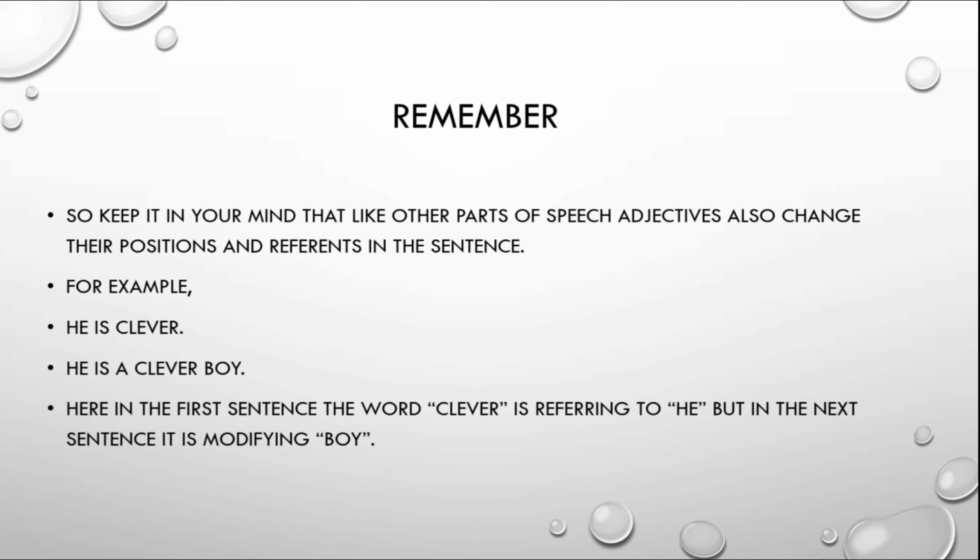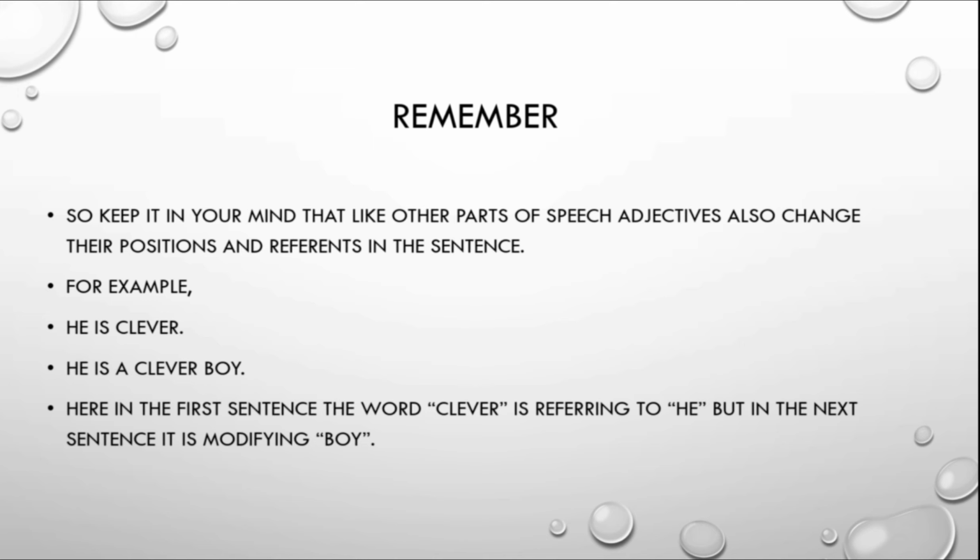So keep this thing in your mind, that a part of speech has nothing to do with its meaning. It has all got to do with the structure of the sentence. The same word can be used in different places in a sentence, and it can have different roles according to the structure of the sentence.